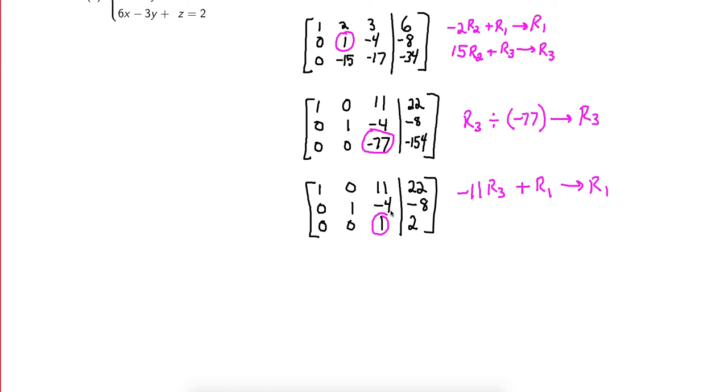Likewise, negative 4, the opposite of that is positive 4. So if we take positive 4 times this 1 and add it to negative 4, that will cause this to equal 0 as well. So that's the advantage of getting it equal to 1, because then you can just look at the number that's above or below it and take its opposite. So if we take 4 times row number 3 and add it to row number 2, we can make that our new row number 2.